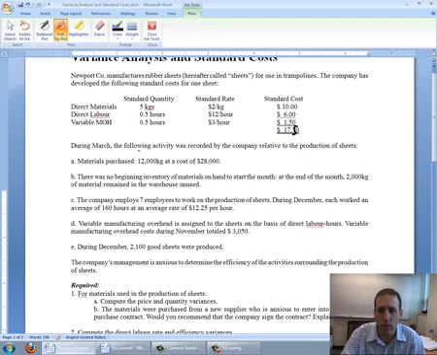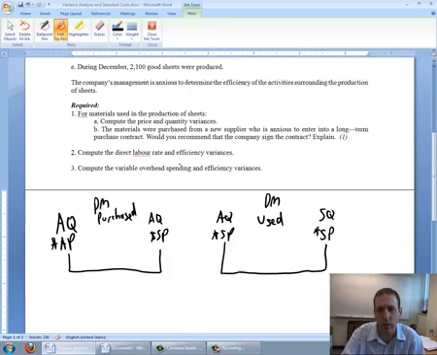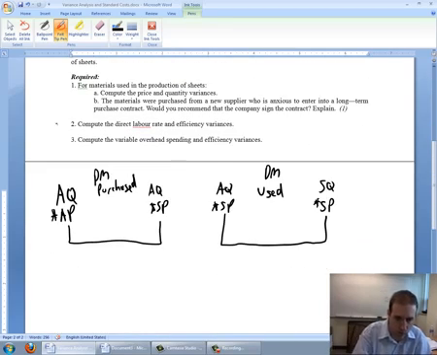During March, the following activity was recorded. Materials were purchased, 12,000 kilograms at a cost of $28,000. My actual quantity, which I'm going to measure in kilograms, was 12,000 kilograms. I know what I paid in total. I don't know my price per unit, but I know I paid $28,000 in total.